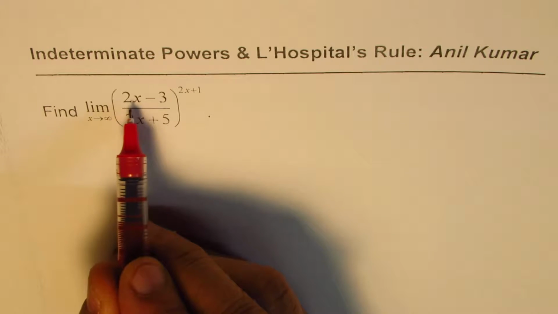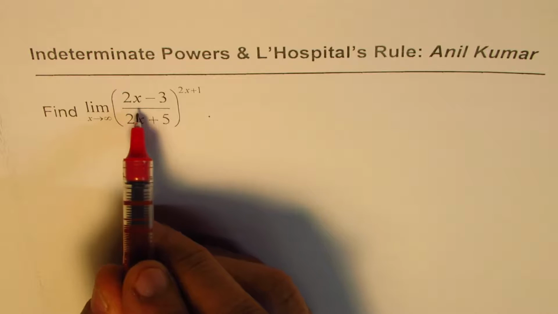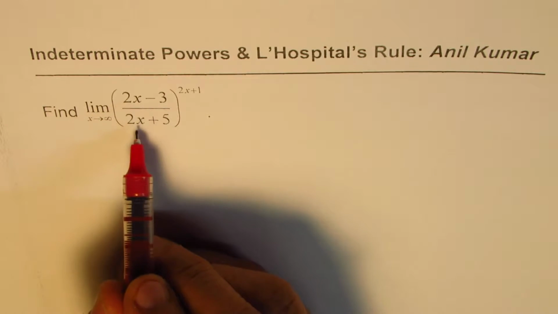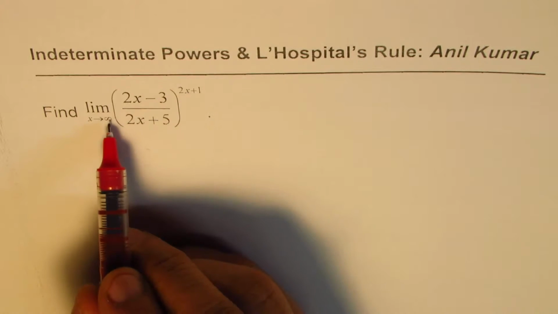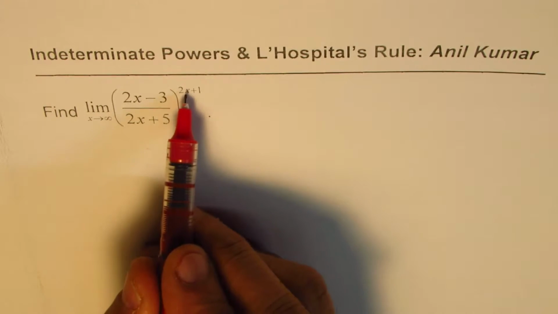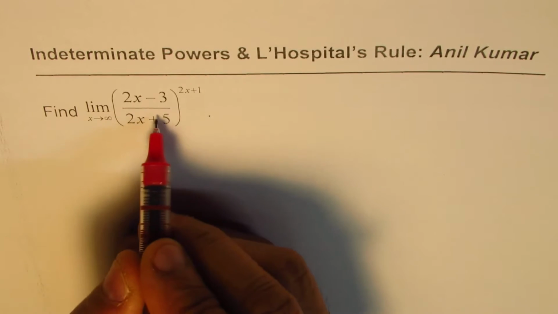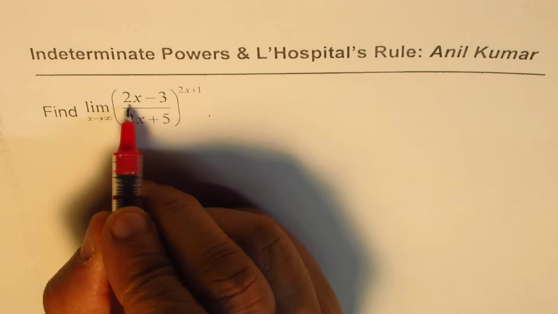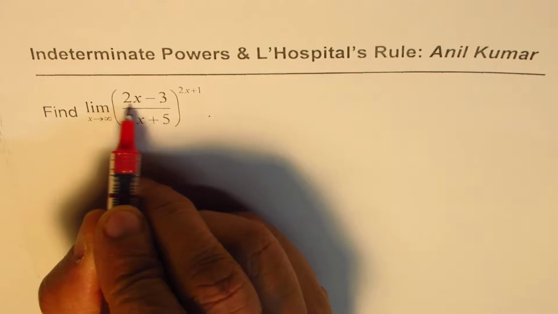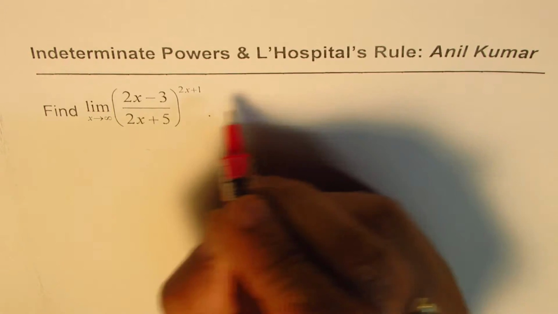Now, as x approaches infinity, the horizontal asymptote here is 1, for (2x minus 3) divided by (2x plus 5). And if I write infinity here, it becomes 1 over infinity, right? Let me show you these calculations as some students might get confused. So what we can do here is write the numerator by taking 2x common.